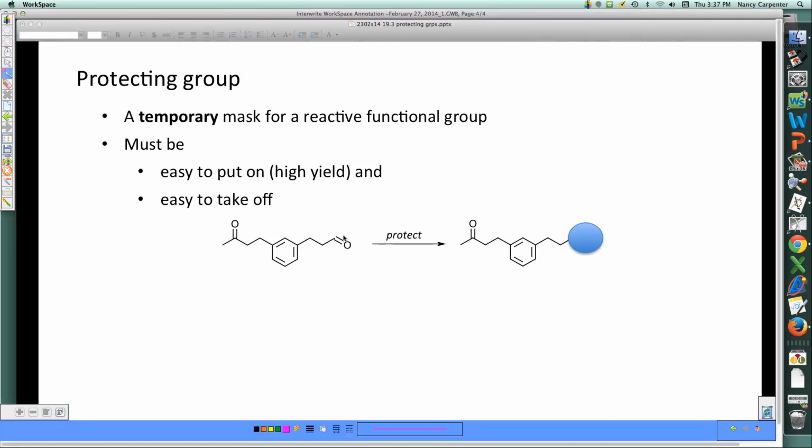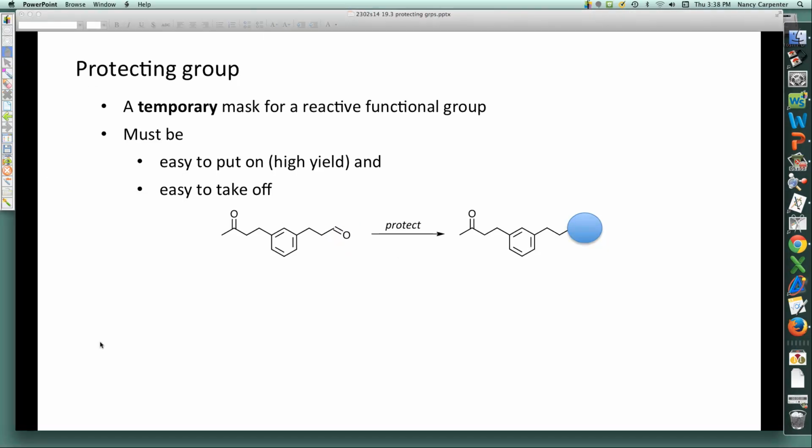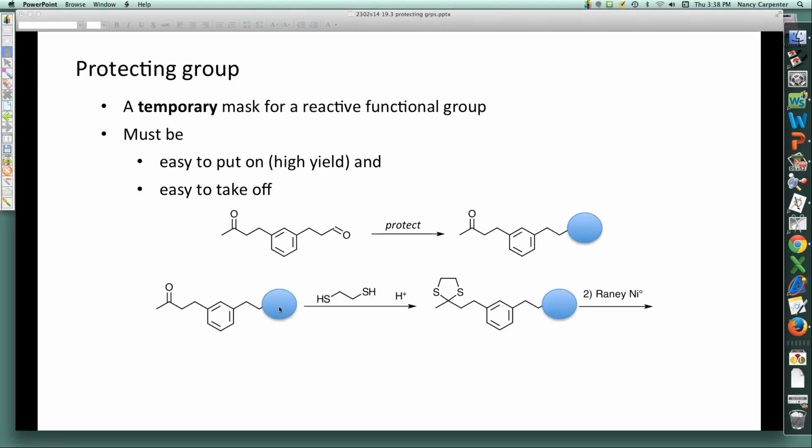It only stands to reason that the blue dot is going to go here because, after all, this is the more reactive site. So there's no problem getting the protecting group on. Then, with the protecting group masking my aldehyde, I can go ahead and carry out my reaction.